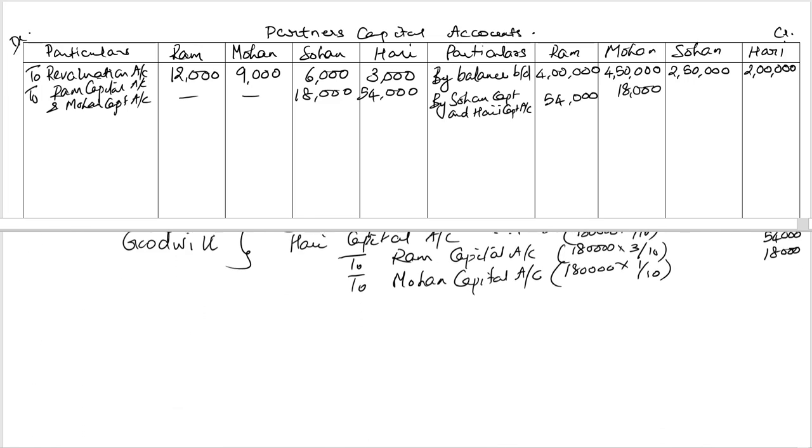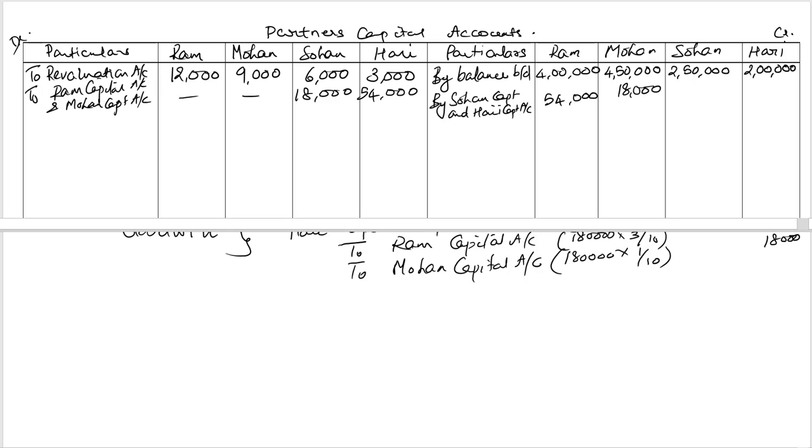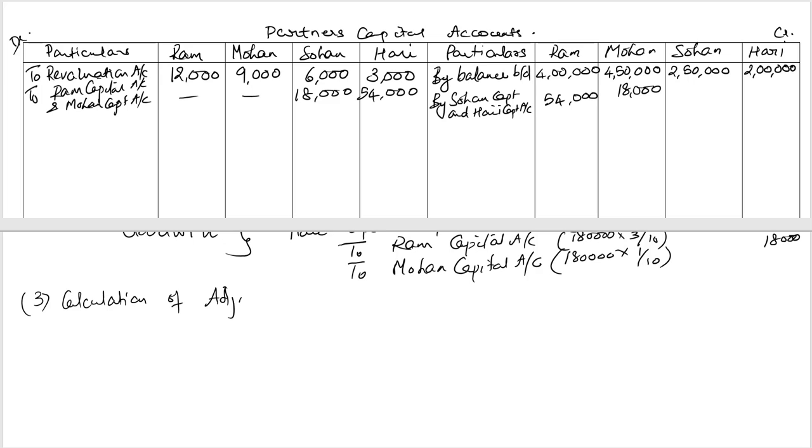So after the working note that we did for goodwill valuation, the third working note, calculation of adjusted capitals of partners.